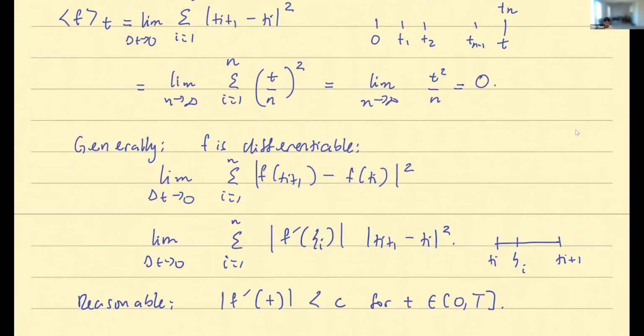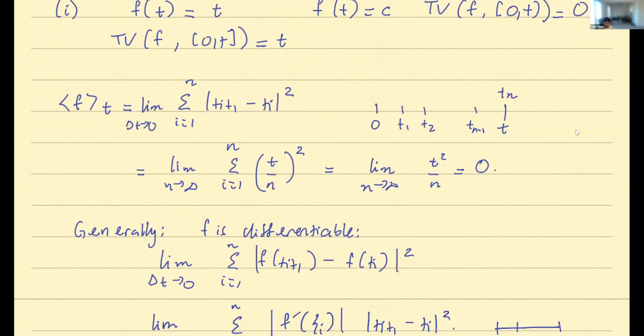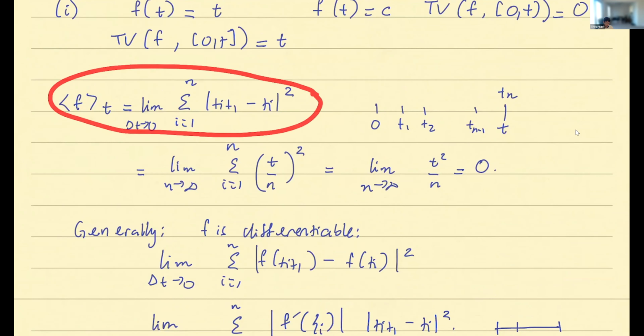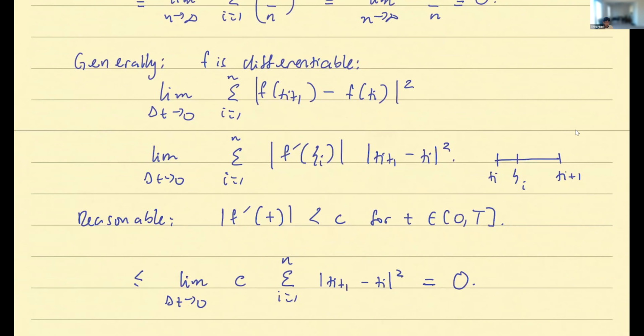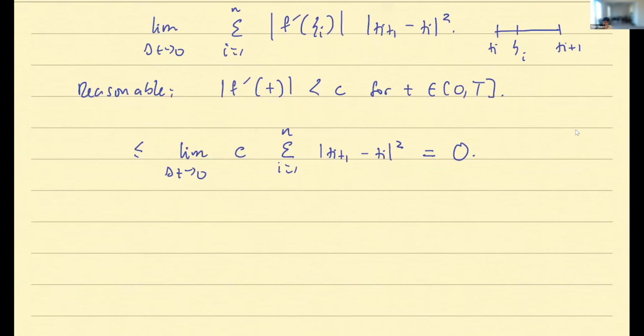Basically, you see that the key is this calculation. When you have a differentiable function, you can relate it back to the original calculation. That's what it is. Any questions so far?